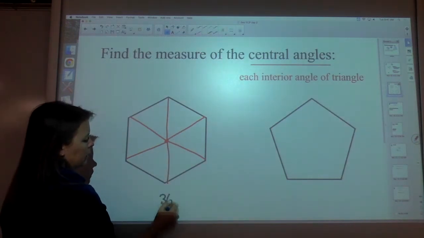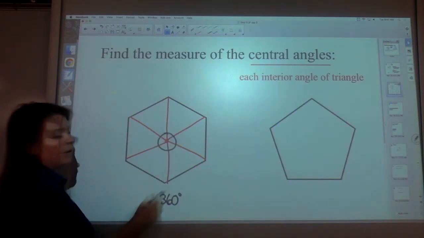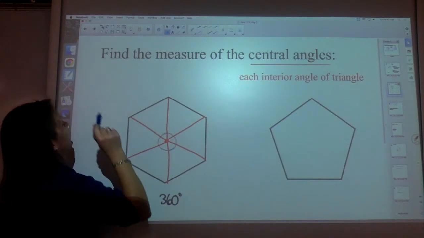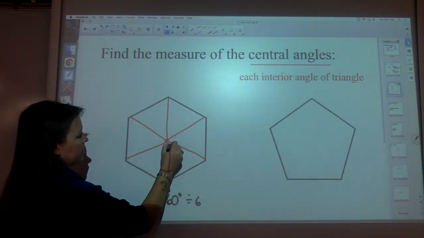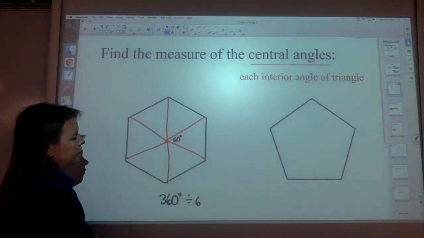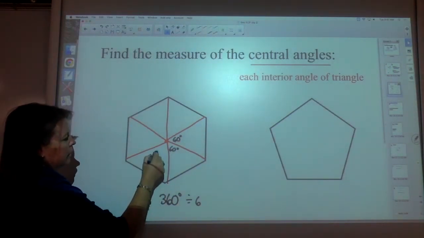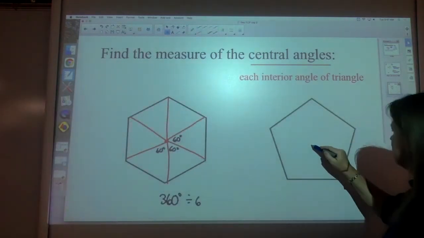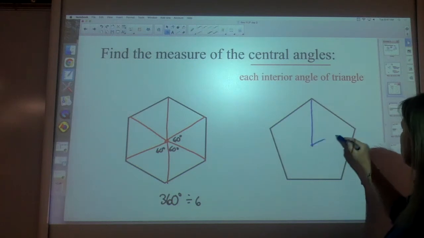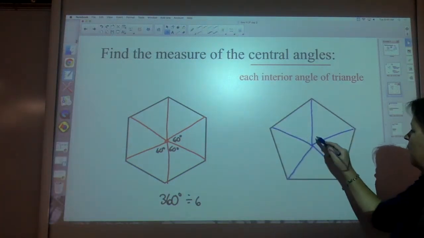Well, I know there's 360 degrees in a full circle if I went all the way around. If there's 360 degrees in a full circle going all the way around, then I'm going to have to divide it by 6 to find the degrees in there. So these have 60-degree angles in here. On a pentagon, if I did the same on a pentagon, there would only be 1, 2, 3, 4, 5.